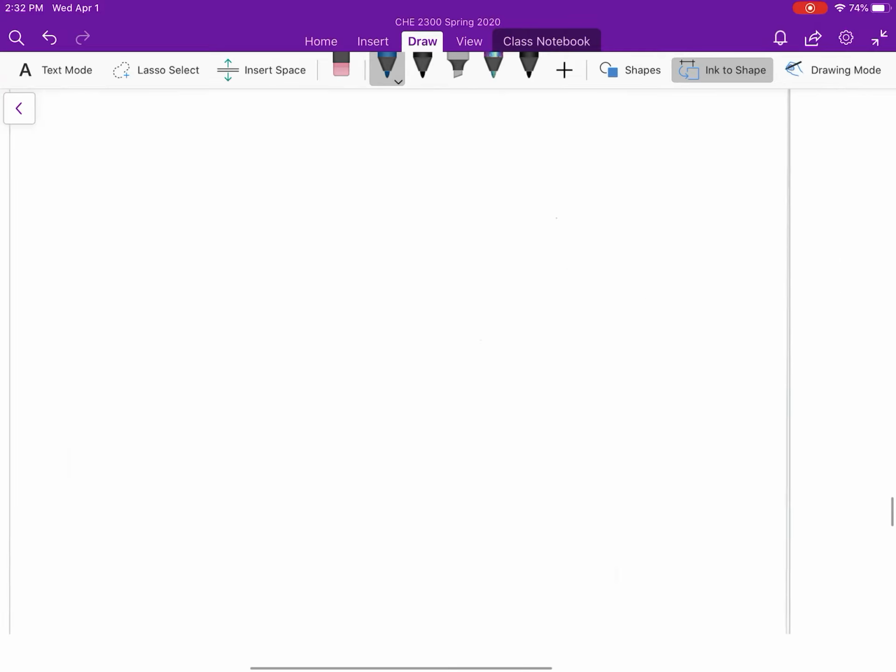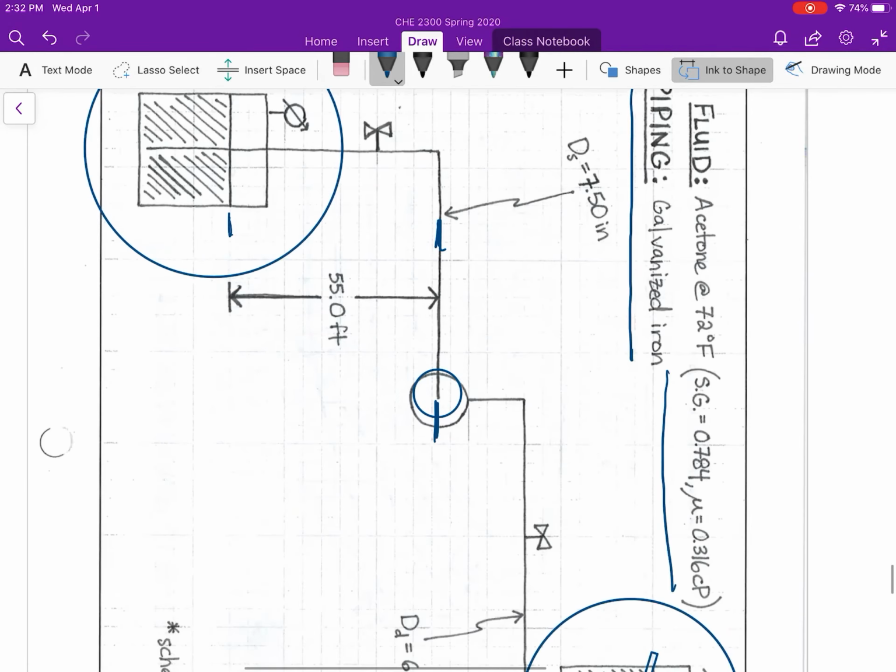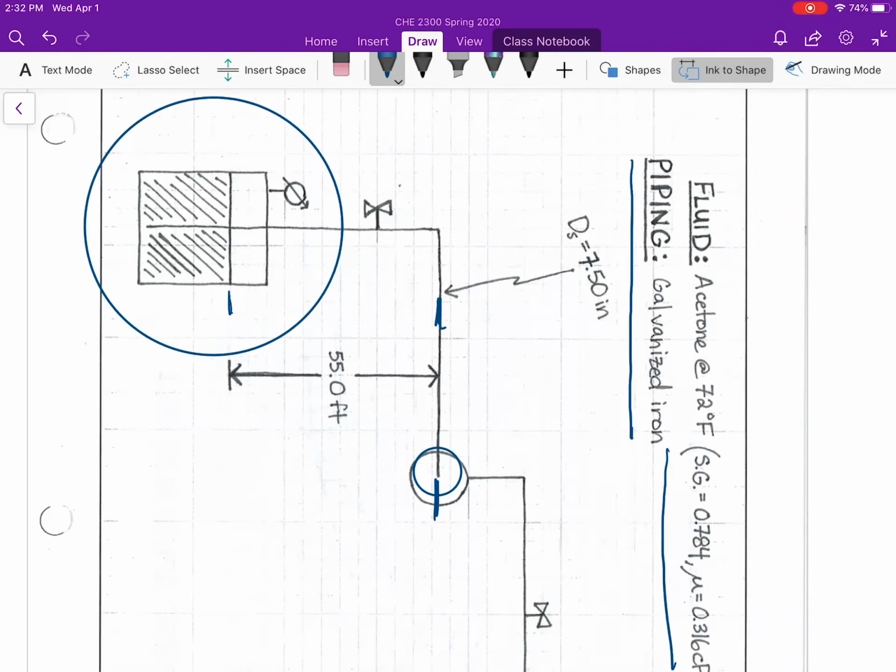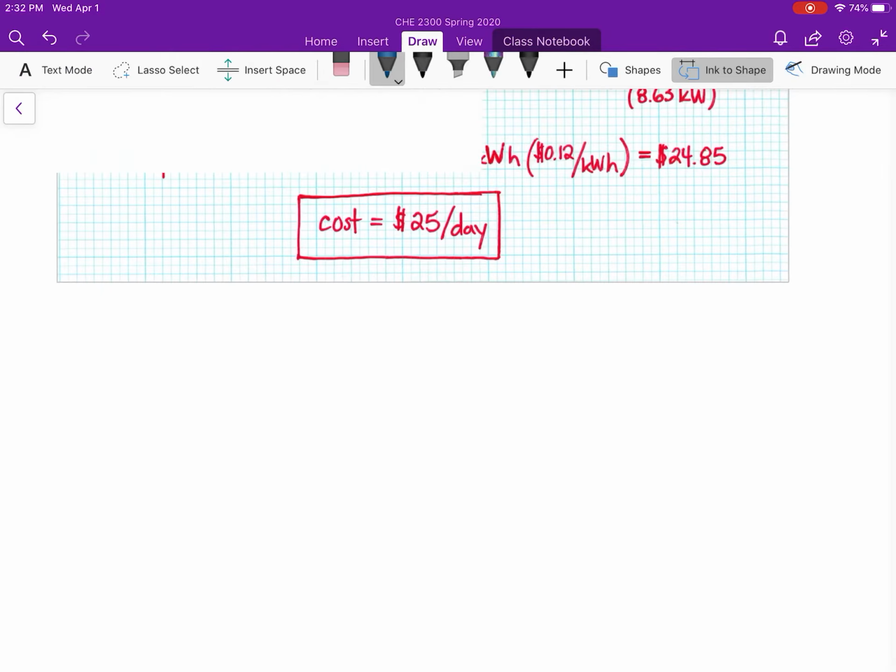Here we go. I'm accounting for the fact that I have one 90-degree elbow and I have one valve. So I'm given the equivalent length of the valve. I'm given the equivalent length of one 90-degree elbow.